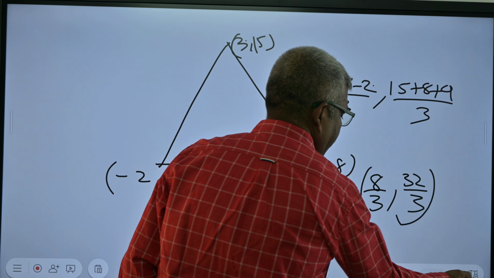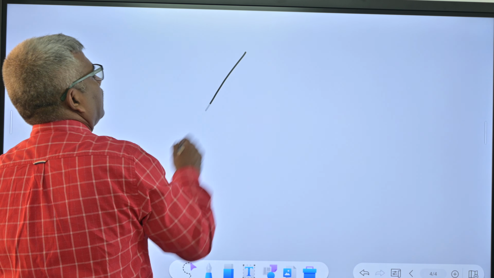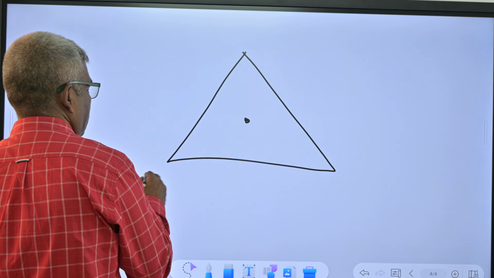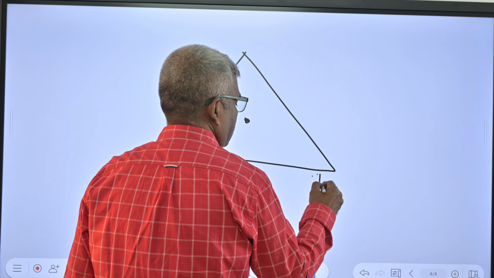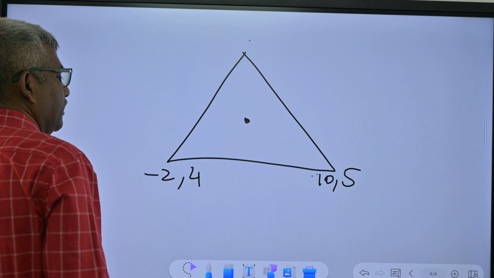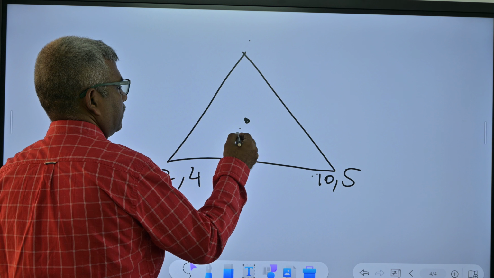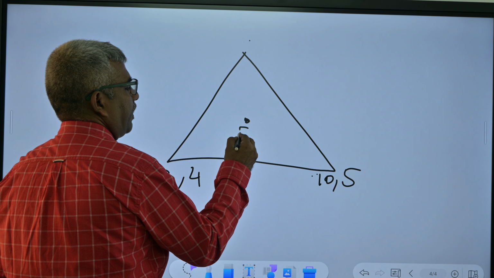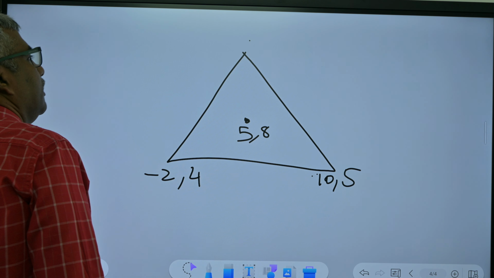Sometimes they will give you the centroid and ask you for a missing point. For example, two points are given and the centroid is 5, 8. They are asking for this point.